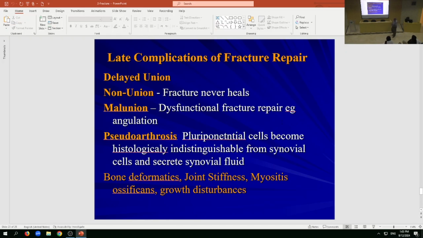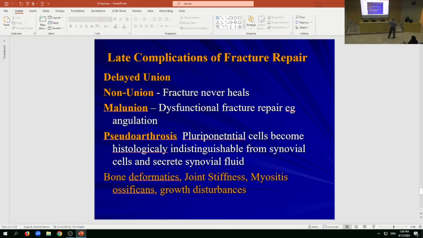Pseudoarthrosis. This is when both ends of the bone are not near each other, but the soft tissue in between, which is also full of pluripotential cells, started to make cells that are indistinguishable from synovial tissue. It makes a joint, which is a pseudo joint, a false joint.